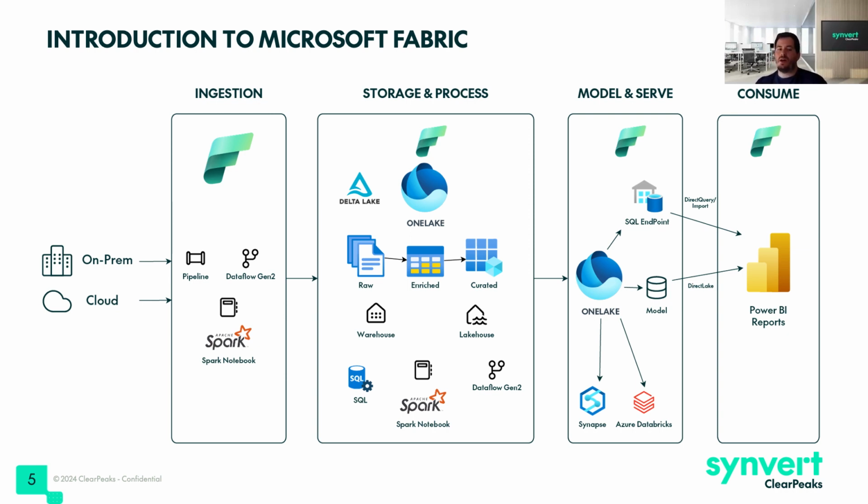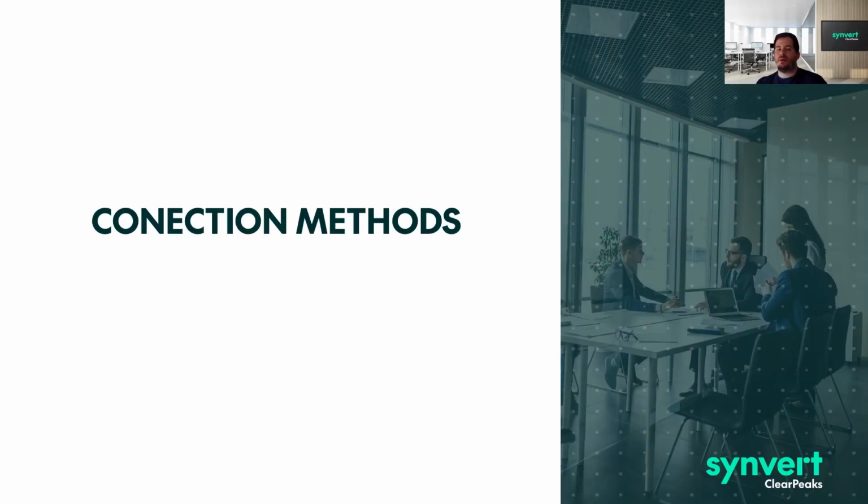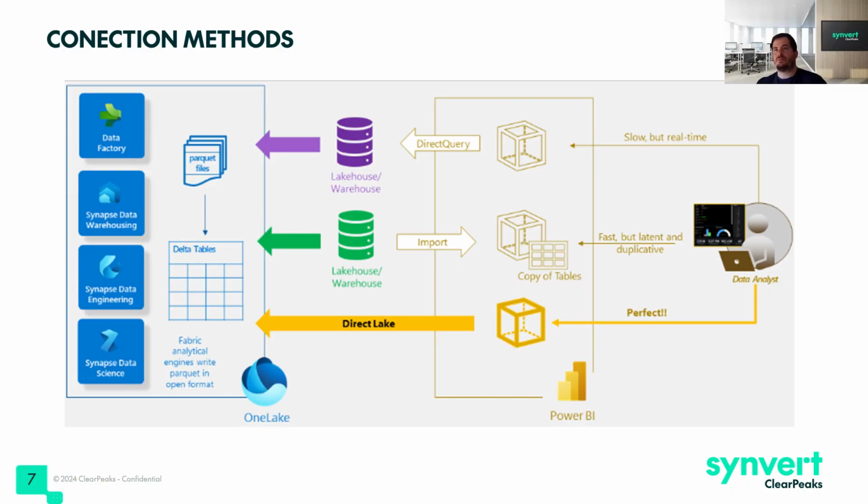So now let's provide a brief overview of the three different available connections on Fabric to your data models. As you can see on this schema, here we have an overview of the three different available connections. First of all, we have DirectQuery, which queries directly on the data source, such as your data warehouse. Then we have the efficient but latent import mode.